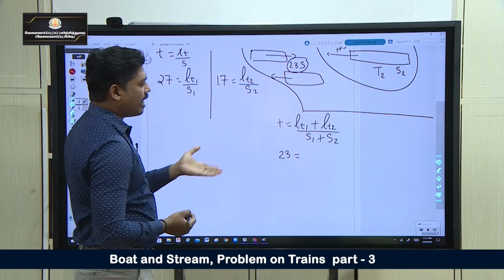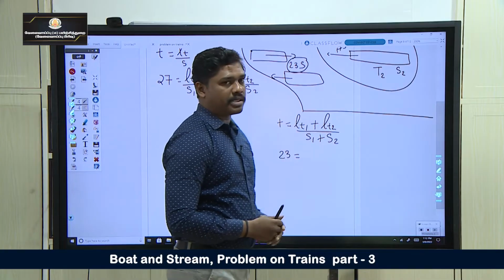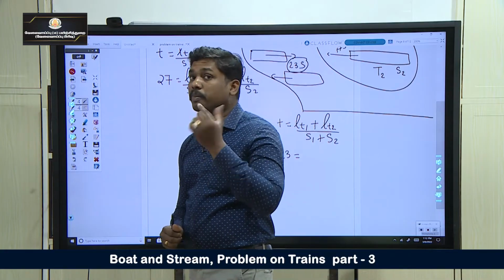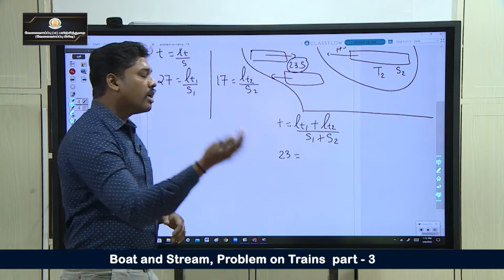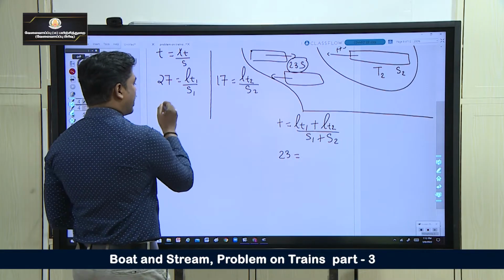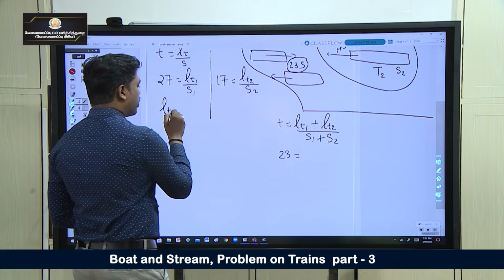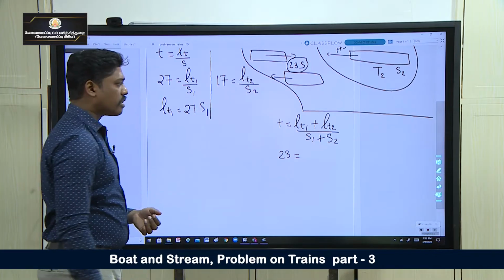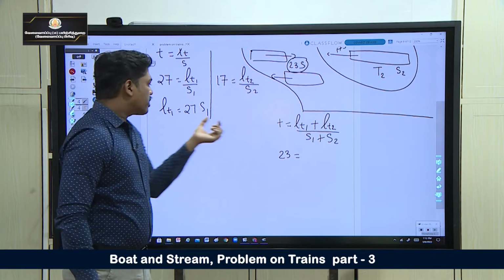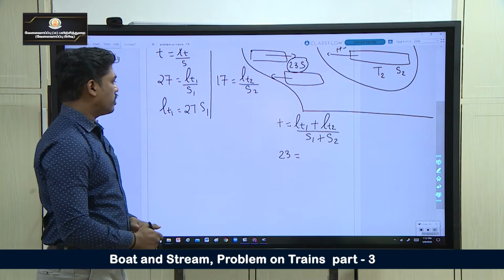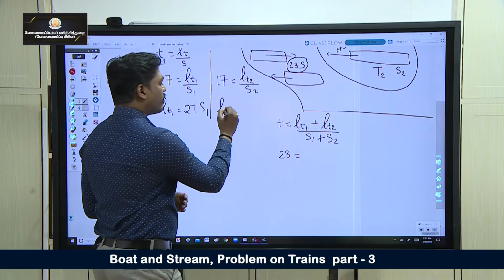Here we are having the same two unknown variables, length and speed. What are they asking? They are asking about speed. So, we can just equate length. From this I can tell length of train 1 is equal to 27 S1. In place of length, substitute this value 27 S1. What about length of train 2?